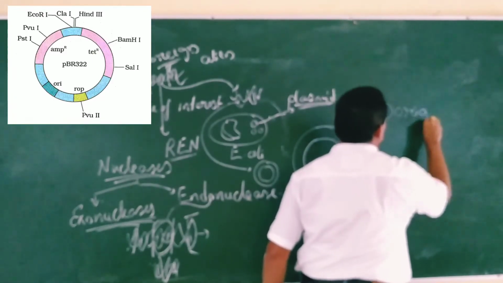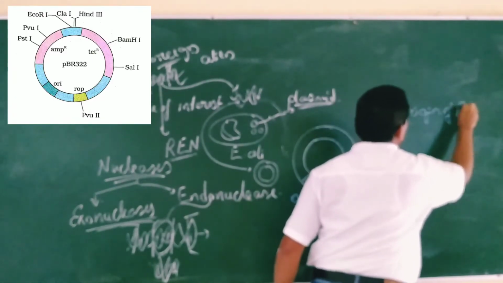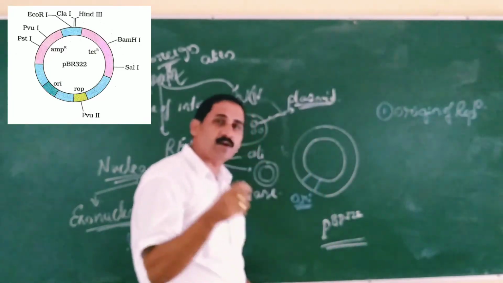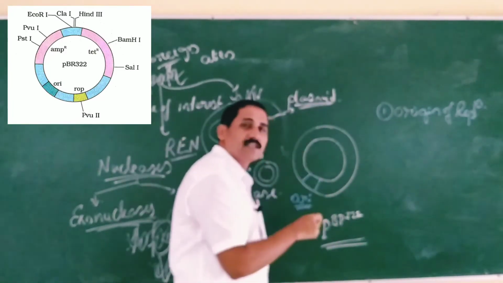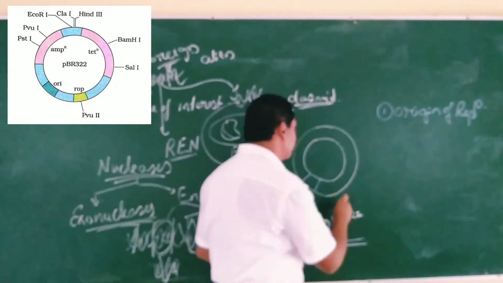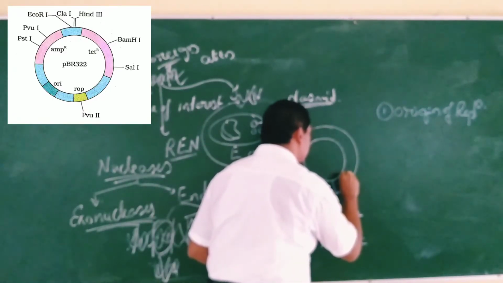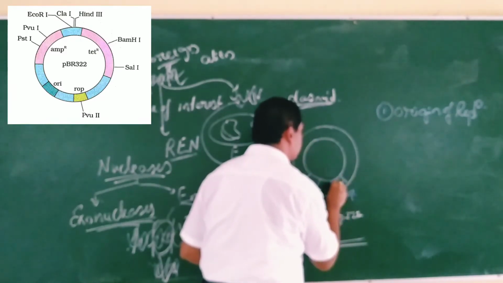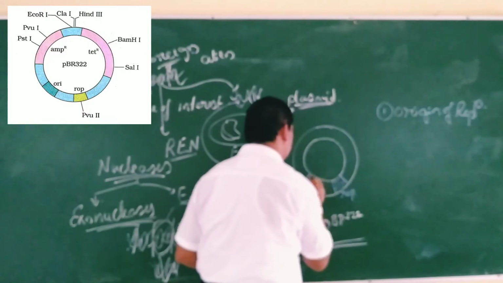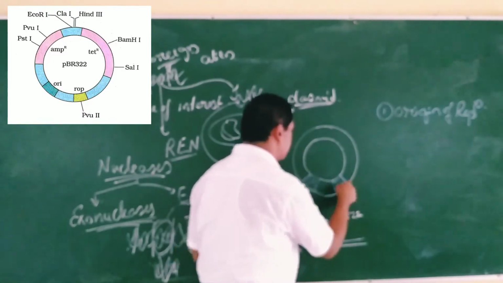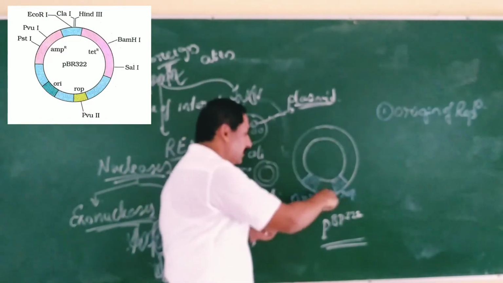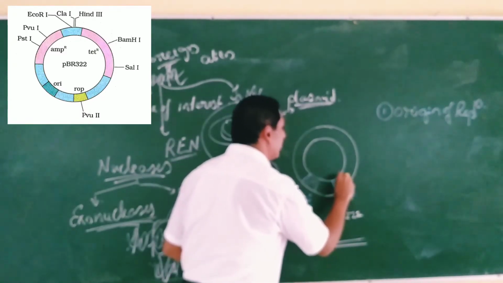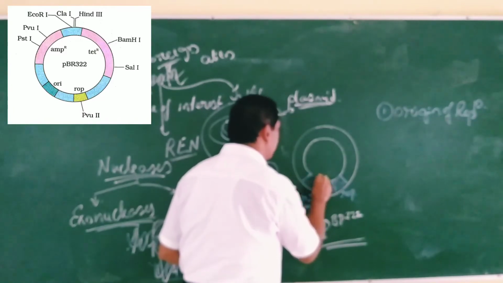Each and every plasmid vector should have the character of origin of replication. We can also see a small portion called ROP, the replication protein. It codes for the replication protein, which is very necessary for the replication of the plasmid DNA. So it synthesizes the proteins and enzymes necessary for DNA replication.